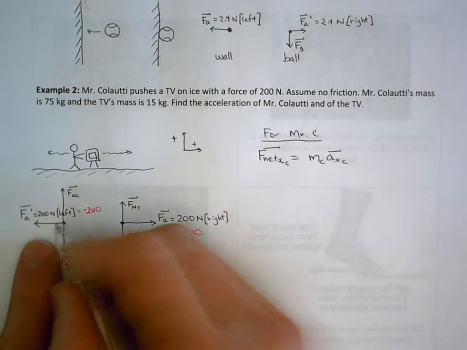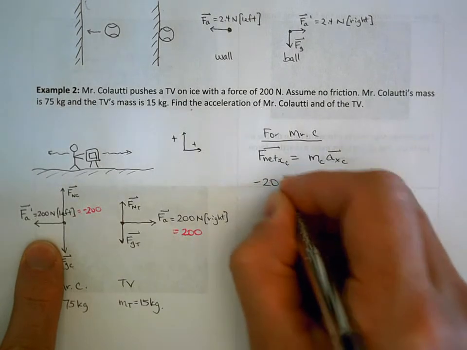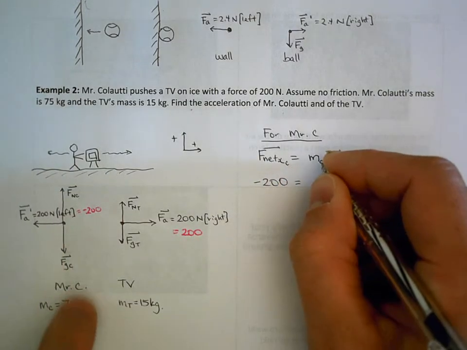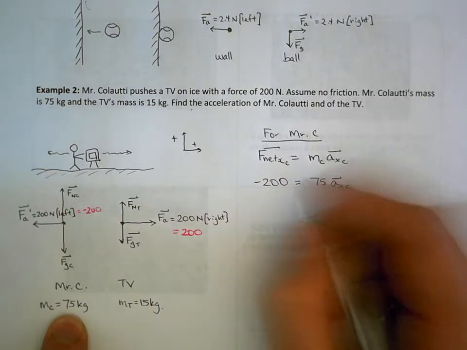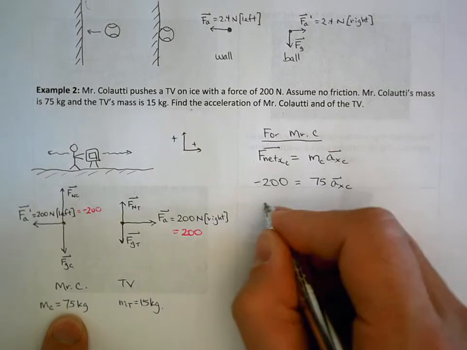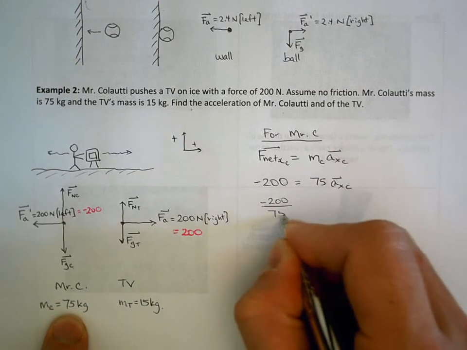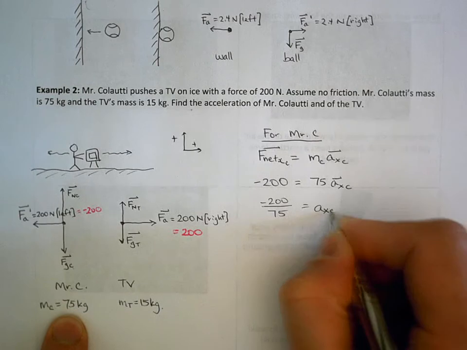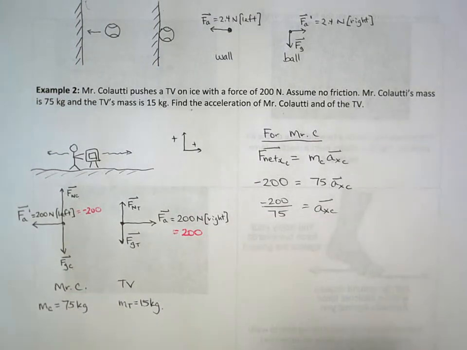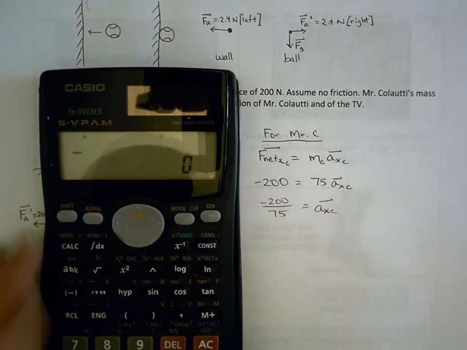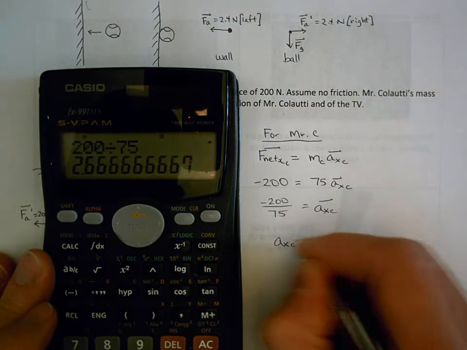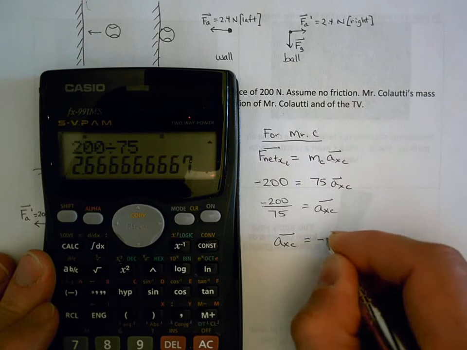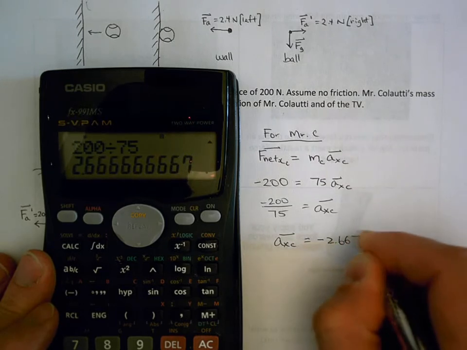If I add up all the forces, I just get negative 200, and the mass is 75. I'm going to divide, so negative 200 divided by 75 is equal to the acceleration. So I get AXC is equal to negative 2.667.